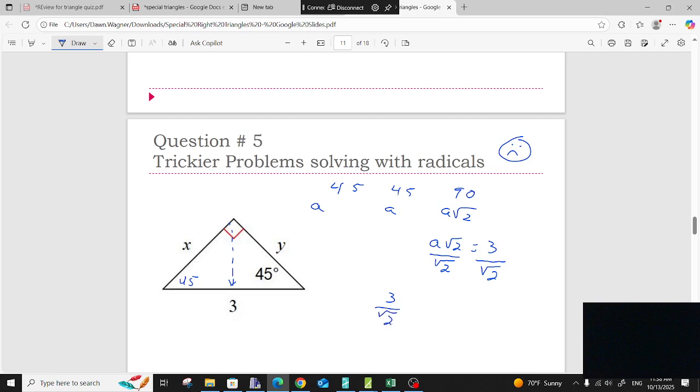That you cannot leave a square root in the denominator. Yep. Everybody here took Algebra 2 except for you two. So you all should know, do we leave square roots in the denominator? No. We have to do what's called rationalize the denominator.